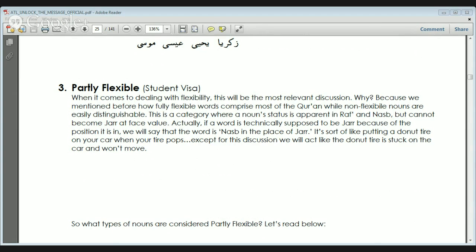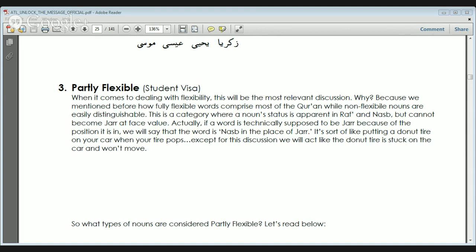A partly flexible word is rafa or nasab at face value, very distinctly. But you cannot tell if it is jar at face value.